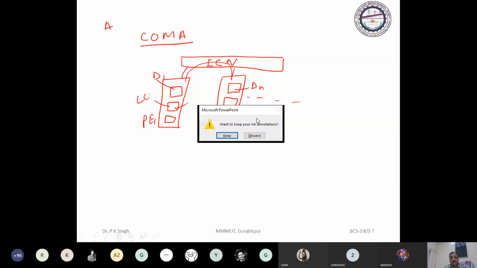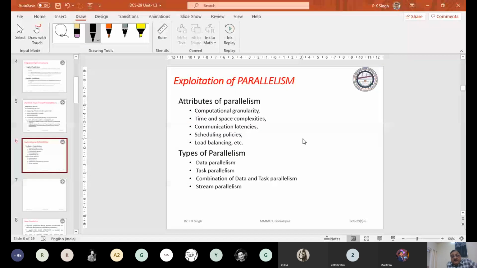Next, go back. Load balancing and scheduling policy.